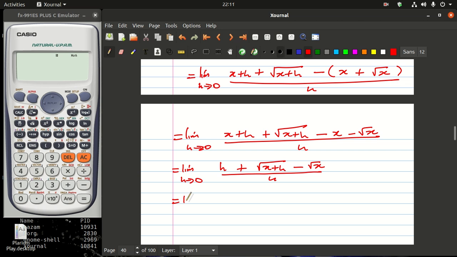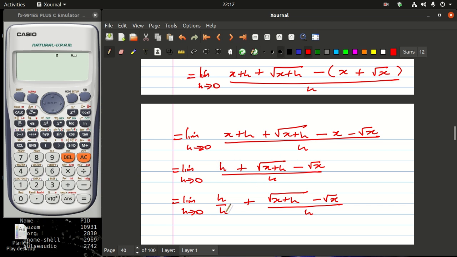What is nice about this whole thing is that you can see I have two functions here. The first one is going to be h. I'm just going to say I'm going to divide this by h, plus the square root of x plus h minus the square root of x all over h. Why am I splitting these two? First of all, I can do that because I can treat this as one term and this one as one term.